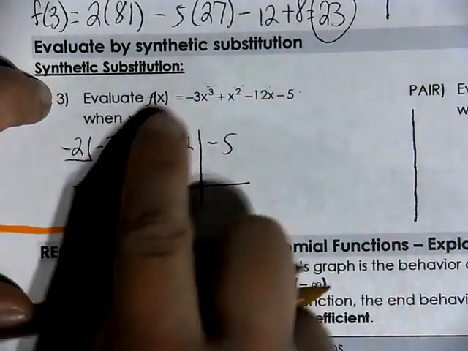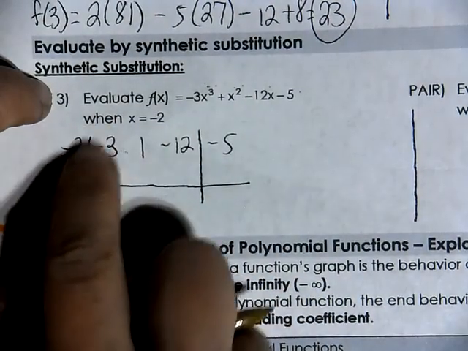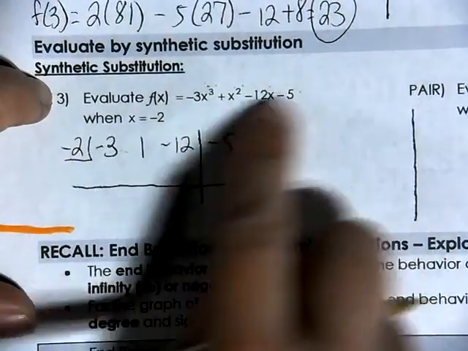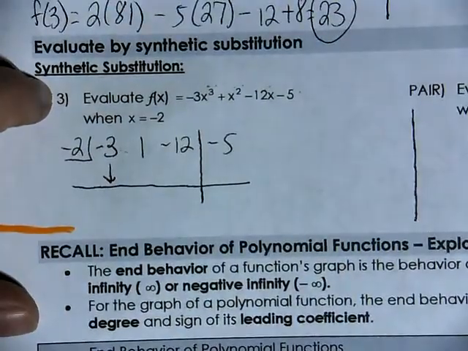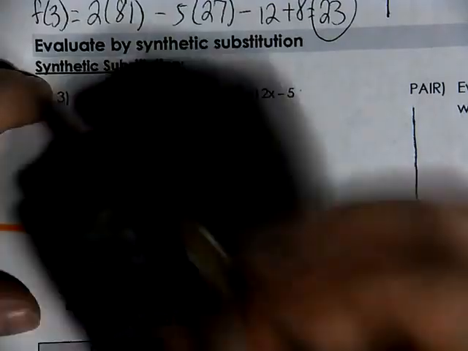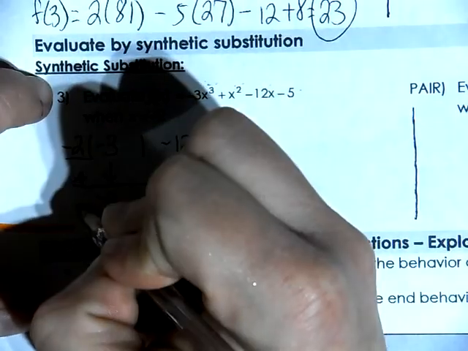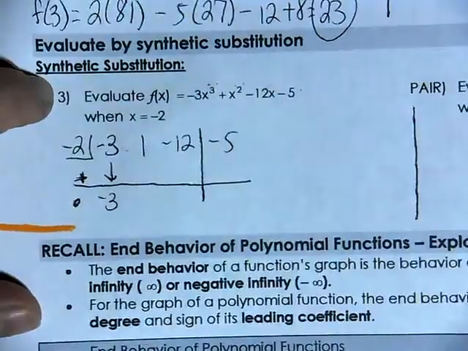So now that I have my -2 inside of my little box, and I have all of my values on the outside, the first thing I'm going to do is bring down my very first term, which is -3. We always add above the line, and then we multiply below the line.